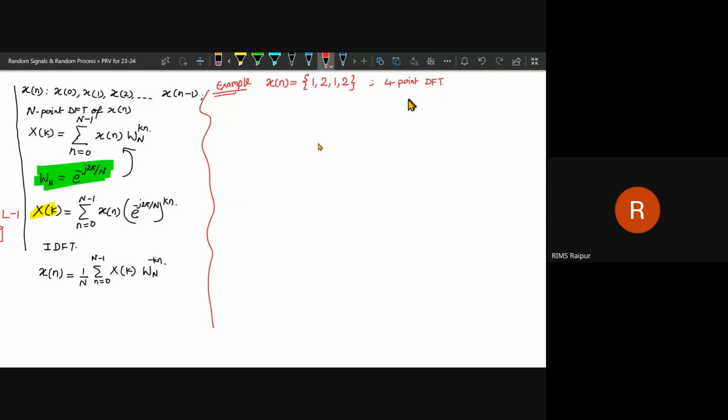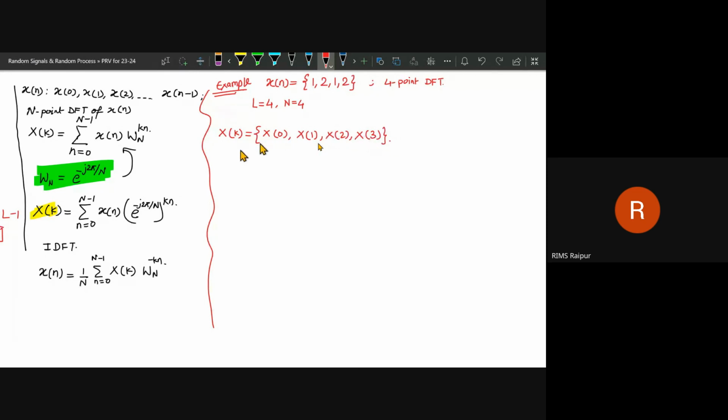So first of all, its length will be 4, and similarly the value of n is also 4, because we have to find 4-point DFT. Correct. And the DFT of this x of n will be represented by x of k, and this x of k will contain 4 points, that is x of 0, x of 1, x of 2, and x of 3.